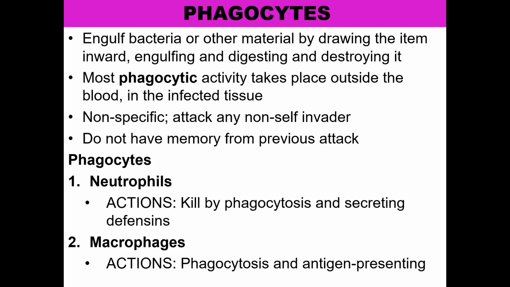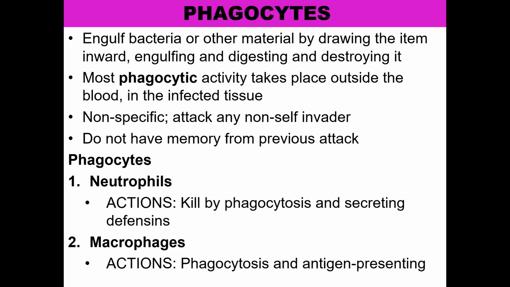Phagocytes, again, are non-specific. They can attack bacteria, viruses, fungus, whatever comes in and doesn't look like it belongs there. Phagocytes also can finish destroying dying cells that belong to your body but are on their way to death.